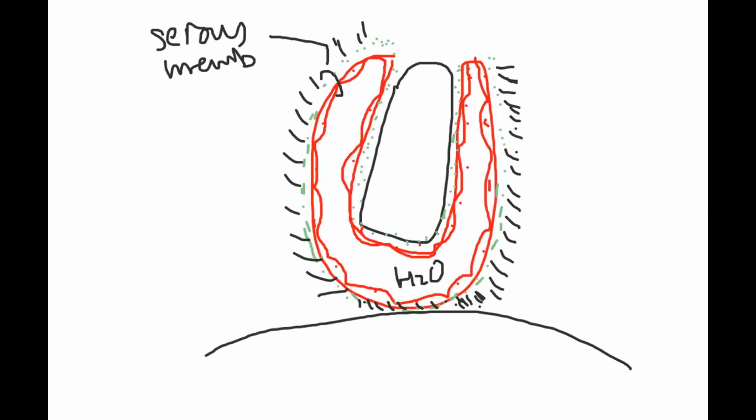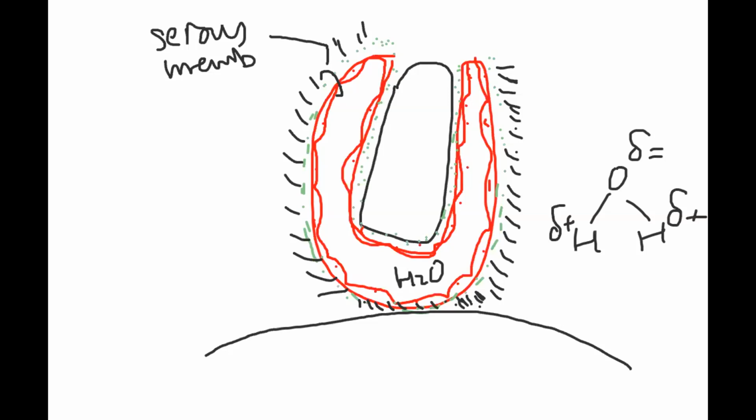We did say the water molecules are polar molecules. They have tension. They have charges on the surface. If you remember water here, on the oxygen side is partially negative. On the hydrogen side is partially positive.